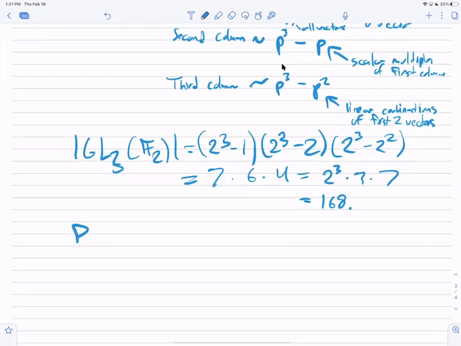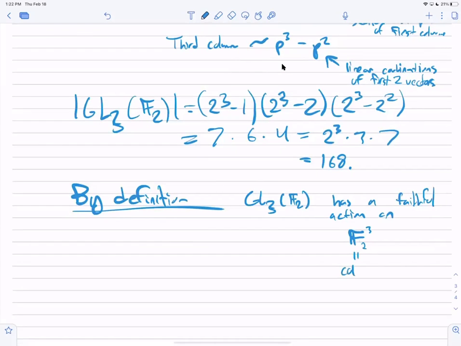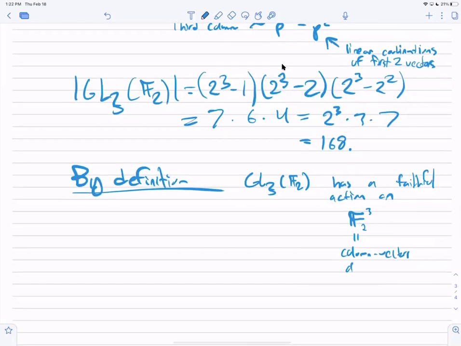So by definition, GL3 of F2 has a faithful action on the set F2 cubed. So this is column vectors of height 3 with entries in F2.